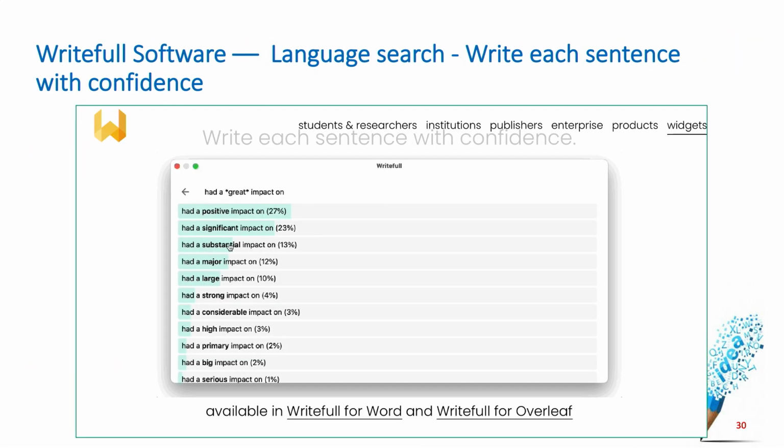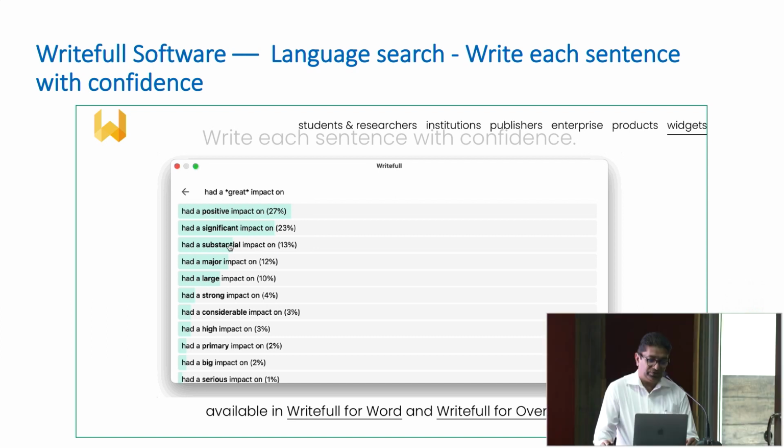Okay, now one example. You see, had a positive impact 27%, had a significant impact 23%, had a substantial impact 13%, had a major impact 12%, had a large impact 10%, had a strong impact 4%, and so on. The final one is had a serious impact 1%.